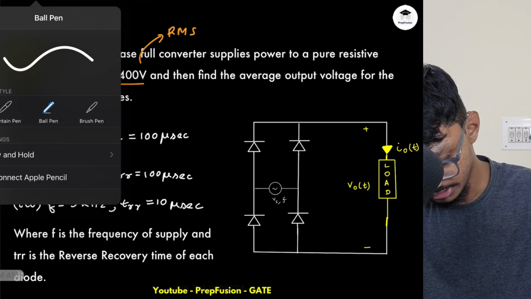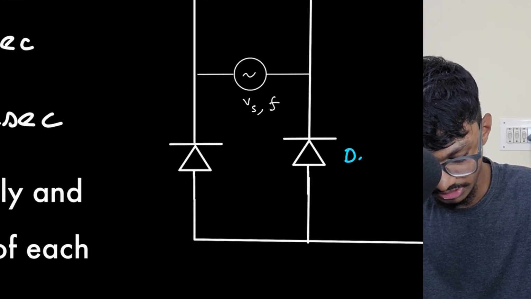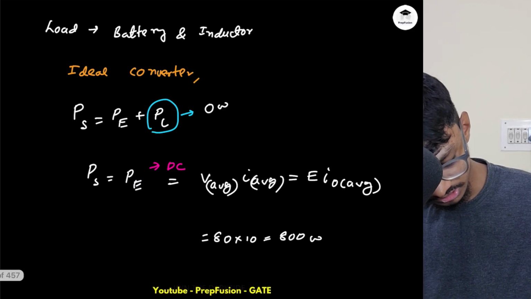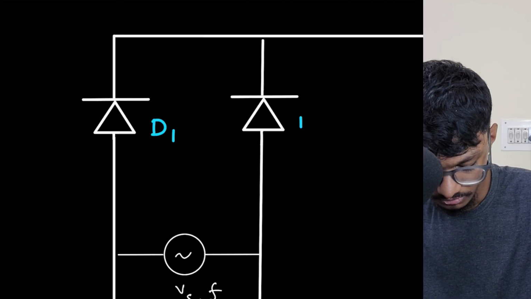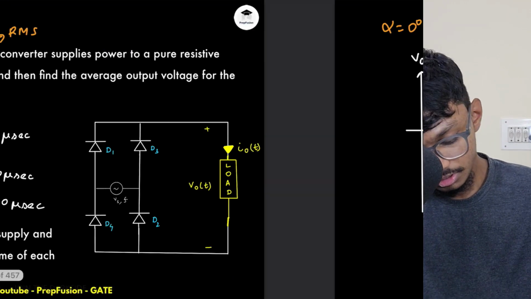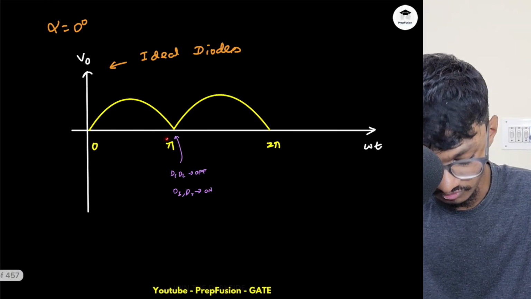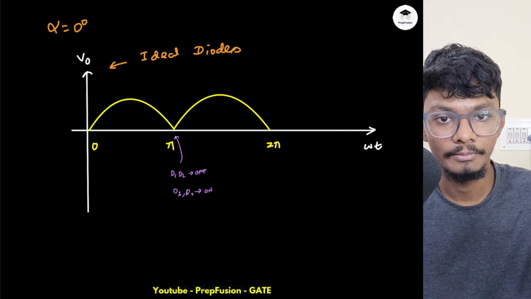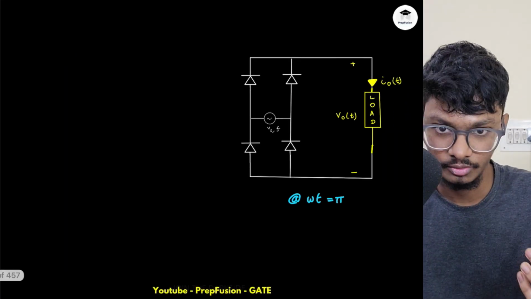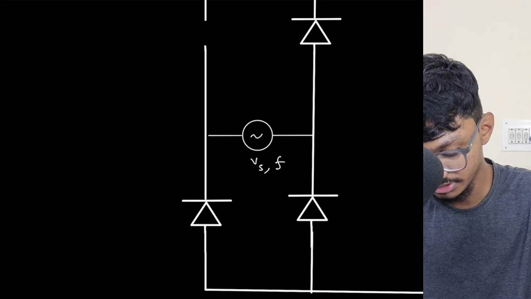Let's say this is D1 and this is D2, the same naming convention as the thyristor, so this will be D3 and D4. Just at omega t equals pi, D1 and D2 were supposed to turn off, but they didn't. Why? Because there is a reverse recovery time, so I have to remove the charge carriers. They are still present inside the diode, so the diode will still conduct and will not turn off.